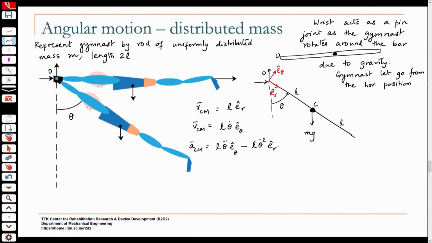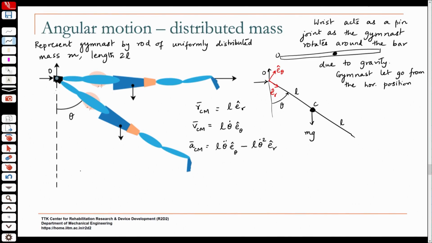So, let us formulate the equations. First, let me compute the angular momentum in this case, where it is a uniformly distributed mass as opposed to a concentrated point mass that we had in the previous case. If I look at the angular momentum about O, for discrete particles we said it is sigma r_i cross m v_i.